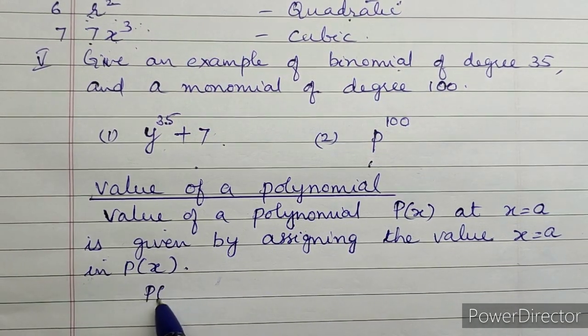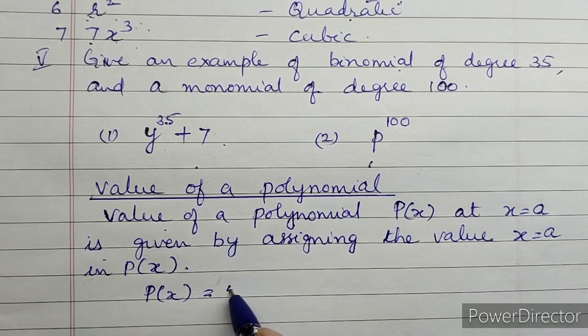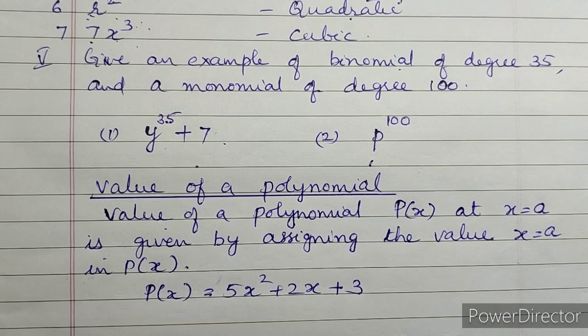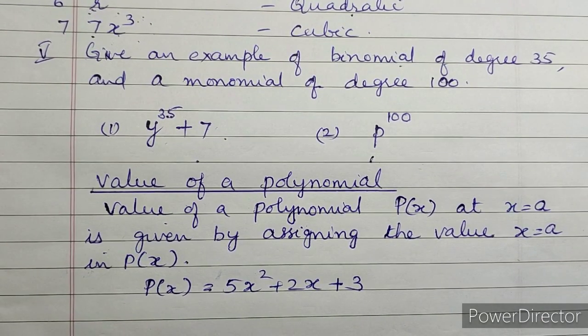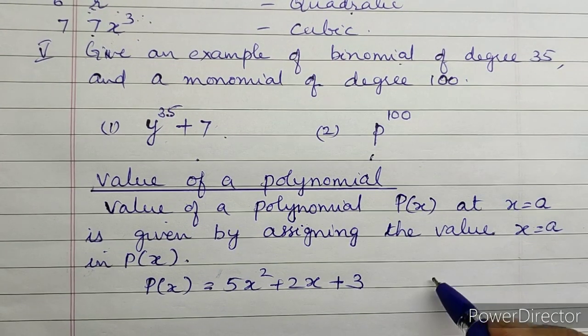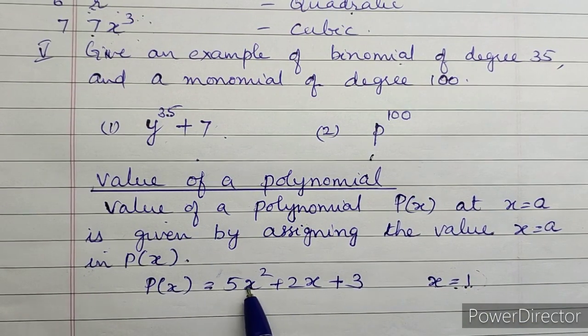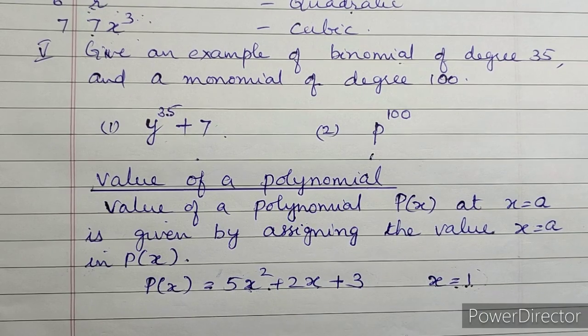p of x is equal to 5x square plus 2x plus 3. This is the polynomial given. So x equal to 1. Here x equal to 1 you have to substitute in this polynomial wherever x comes. Instead of this x you have to substitute 1.